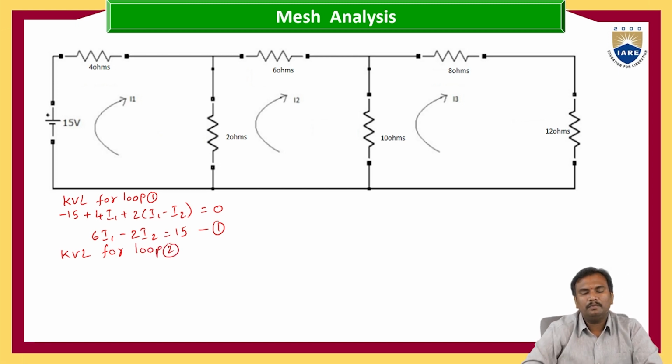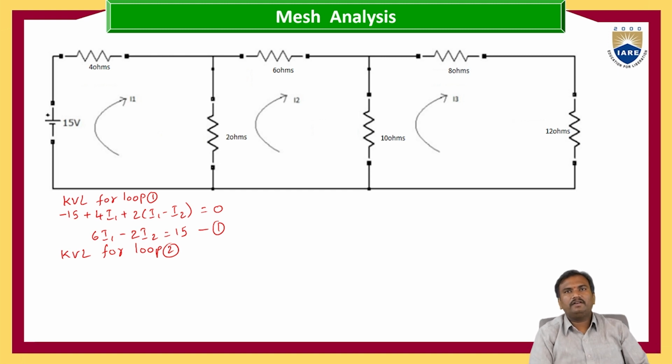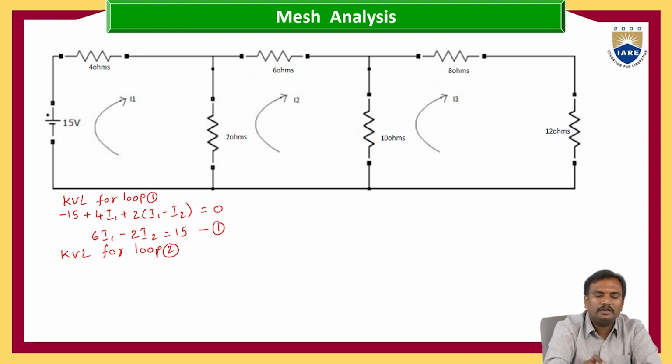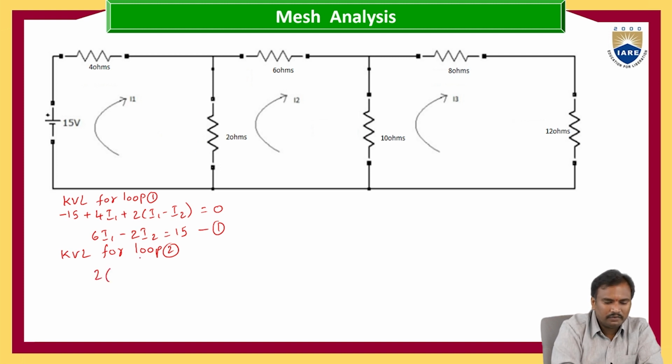KVL for loop 2. When we are writing the KVL for loop 2, we have to assume that loop 2 current has higher magnitude. Here there are no voltage sources, so all drops will be positive. So here if you write the voltage across 2 ohms, that is 2 into which current has higher magnitude?